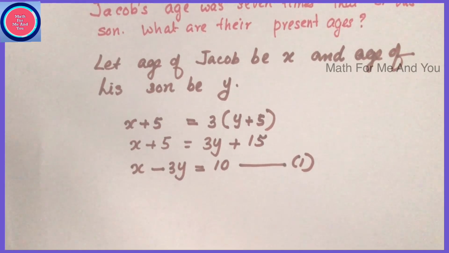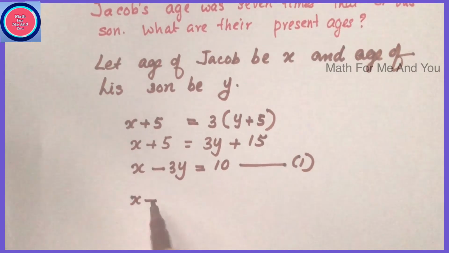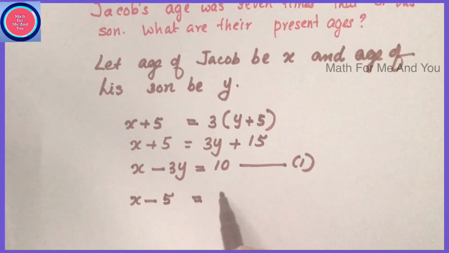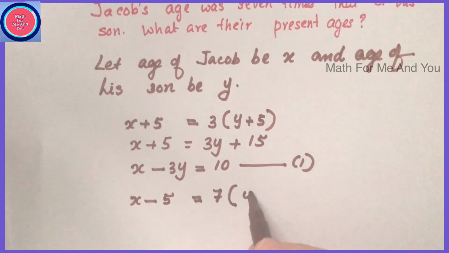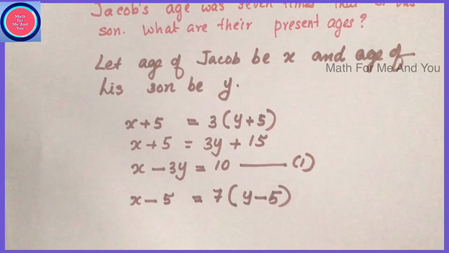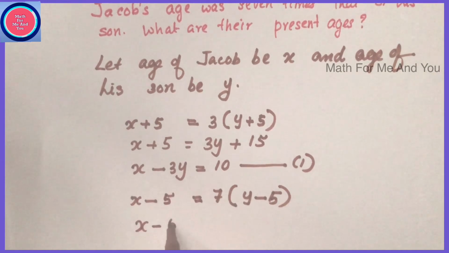In the second sentence it is given 5 years ago, what is the relation between Jacob's age and his son's age? 5 years ago Jacob's age was x minus 5, because now it is x. So 5 years ago x minus 5 is equal to 7 times his son's age at that time. At that time his son's age also y minus 5.